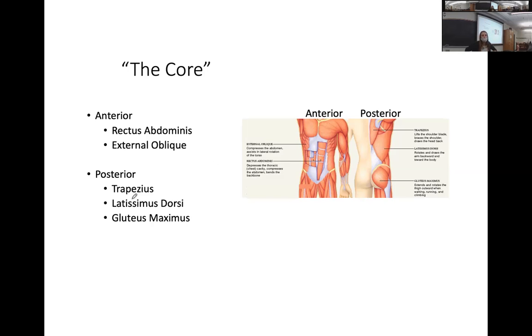And then you have your posterior, which is made up of your trapezius, your latissimus dorsi, and your gluteus maximus, all in your lower back here in what makes up your core. Most, if not all, sports have to deal with core, whether that be running, baseball, football, wrestling, bowling, soccer, basketball. A lot of that movement comes from that core. It comes from the powerfulness of the trunk of your body. It comes from rotation, things like that.